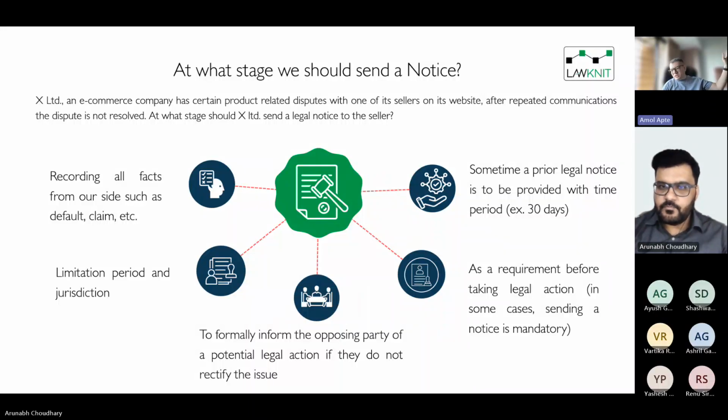There is the Limitation Act. There are certain specific statutes which provide specific timelines for notices to be sent and for the other party to respond.